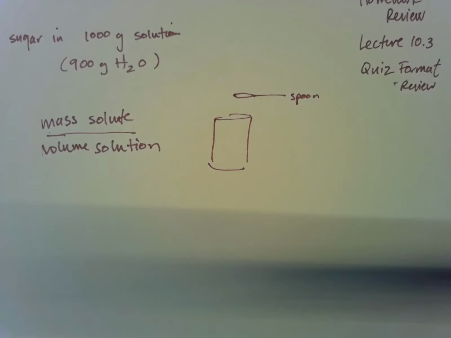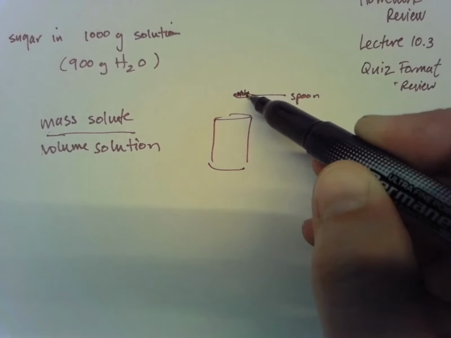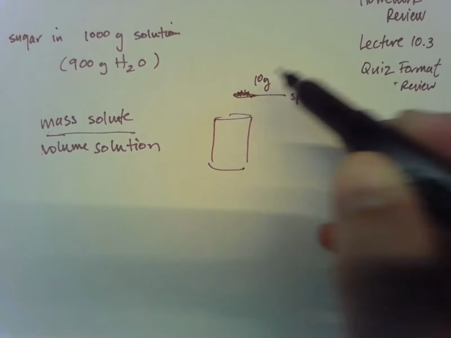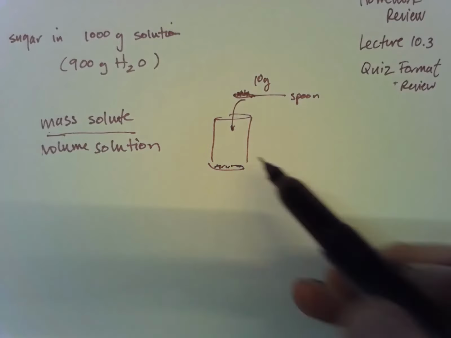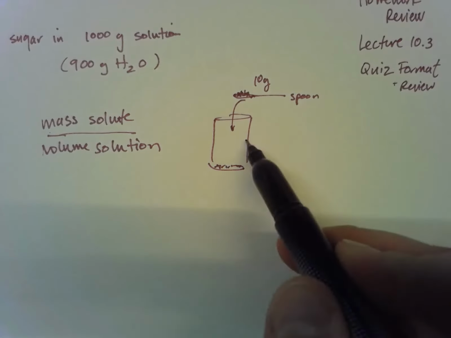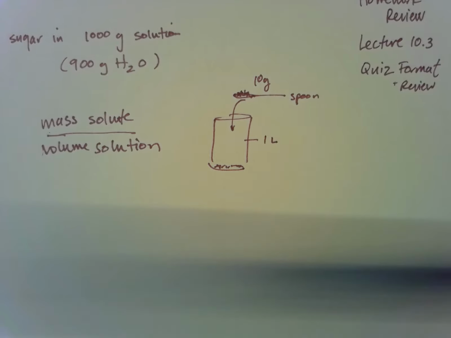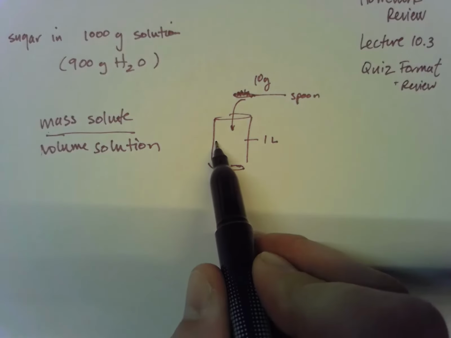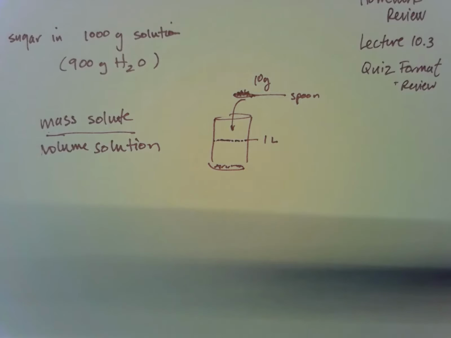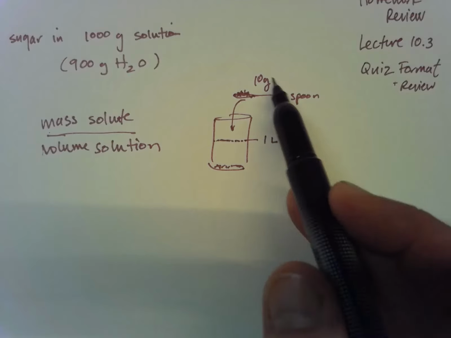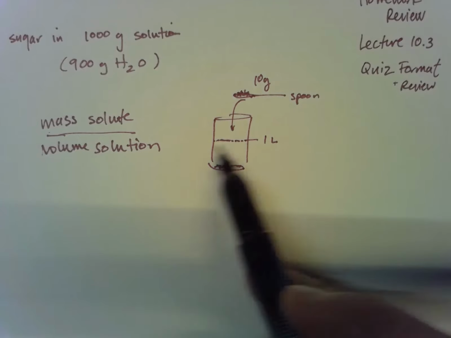All right. So what you can do is you can measure out 10 grams. We'll put it down here, and then fill this to the 1 liter mark. Okay. Like exactly. And then you know how much mass you got in there and then how much the volume of the solution is, because it's exactly 1 liter.